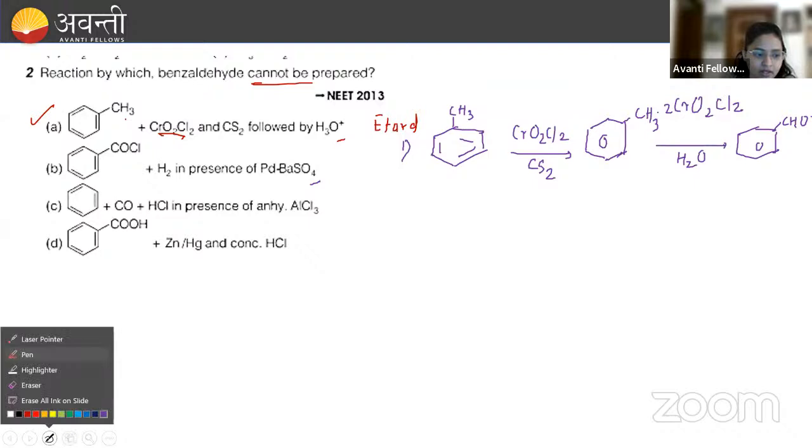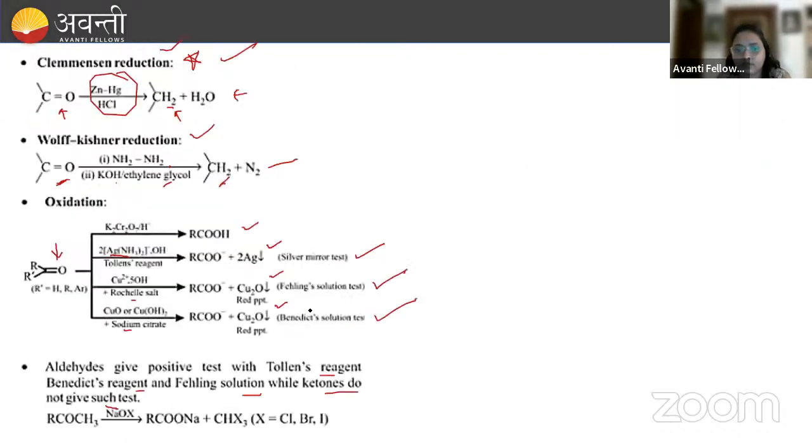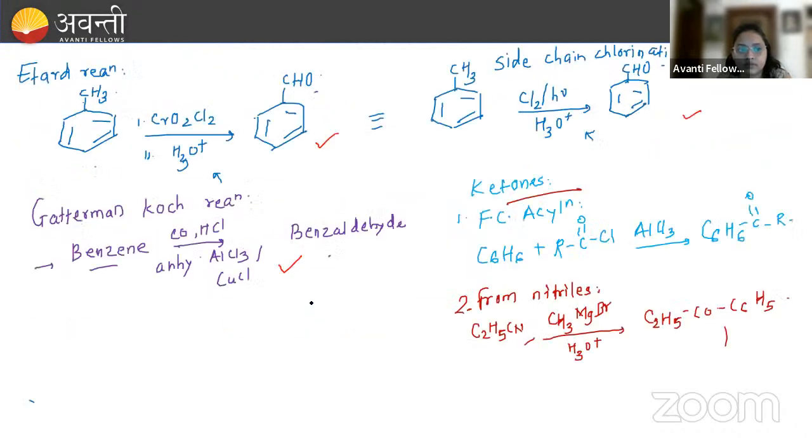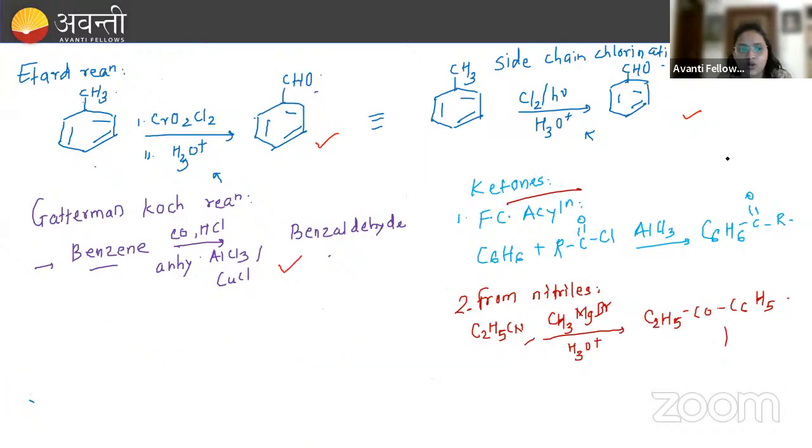So in that, do we get benzaldehyde? Yeah, Rosenmund, from acid chloride we get aldehyde. So that is not our answer.